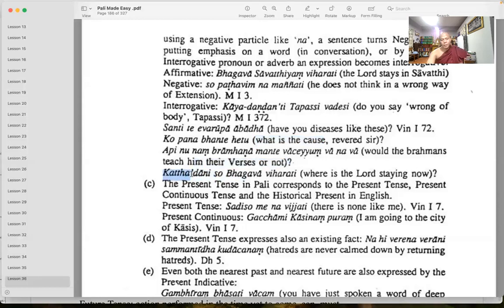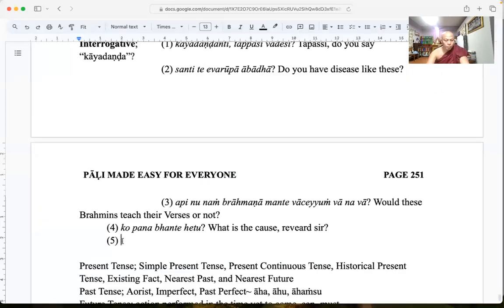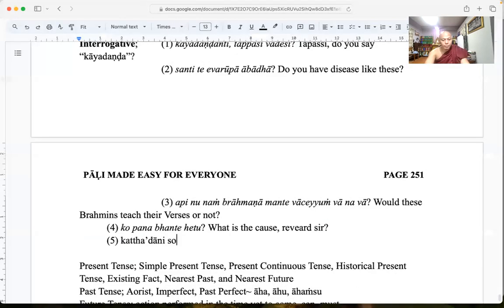Kata is an interrogative adverb, and kata means where.